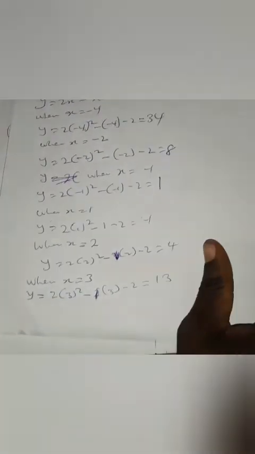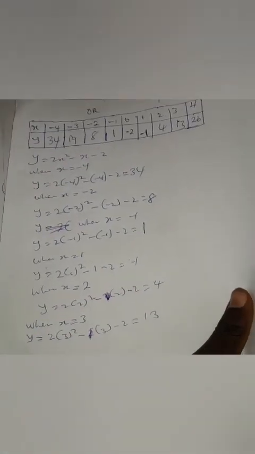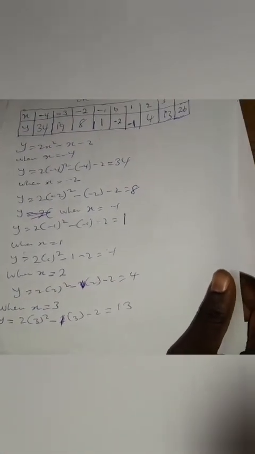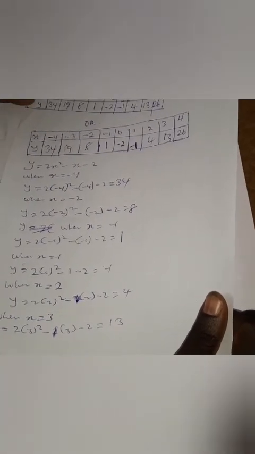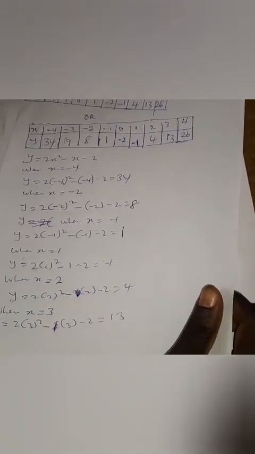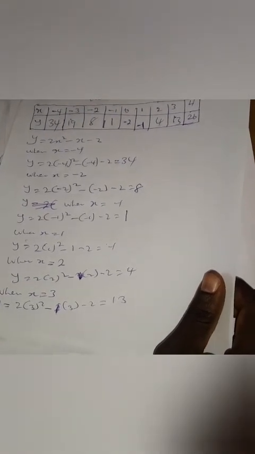So let's plot the graph. We are asked to use a scale of 2 cm to 1 unit on the x-axis and 2 cm to 5 units on the y-axis. Draw the graph of y equals 2x squared minus x minus 2 for x greater than or equal to minus 4 and less than or equal to 4.